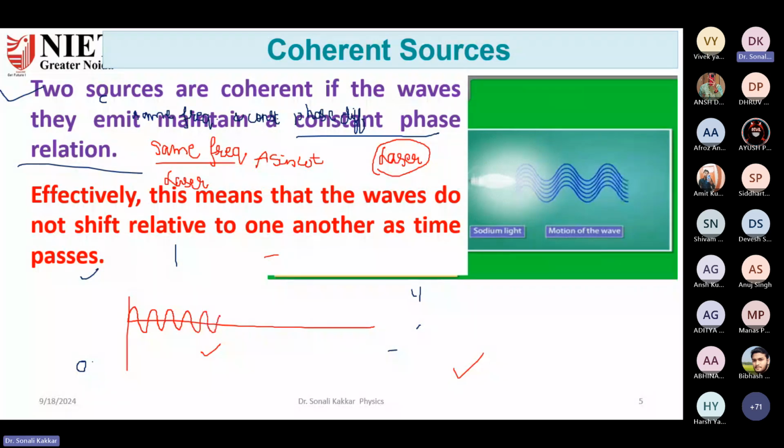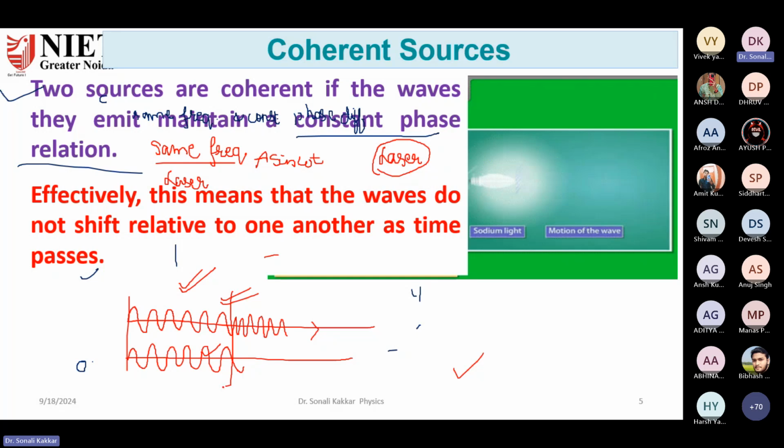Suppose earlier it was emitting waves, and suddenly after some time it starts emitting waves like this. This is an example where we can say that the frequency is not the same, so it is not a constant frequency or monochromatic source, where the wavelength is changing with time. The frequency is also changing. Also, when we compare two sources, both sources should have the same frequency.